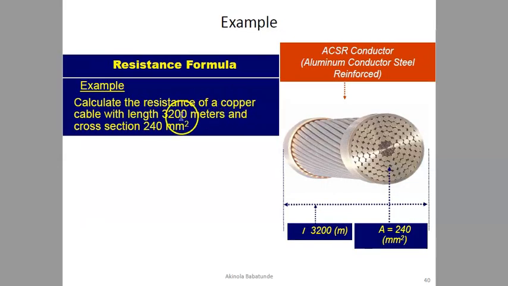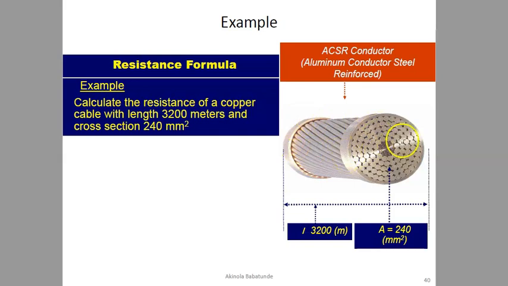Here's a simple example to apply the resistance calculations. Calculate the resistance of a copper cable with length 3,200 meters and cross-sectional area of 240 square millimeters. This is a simple conductor.